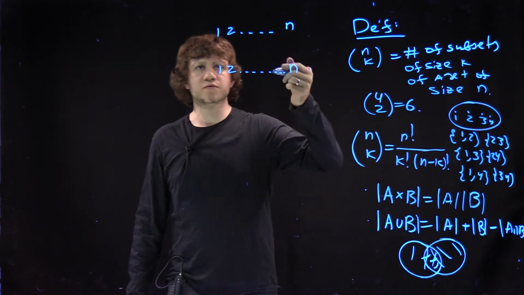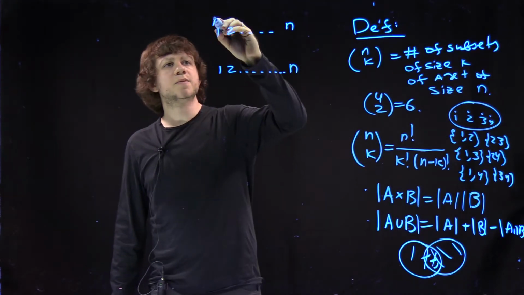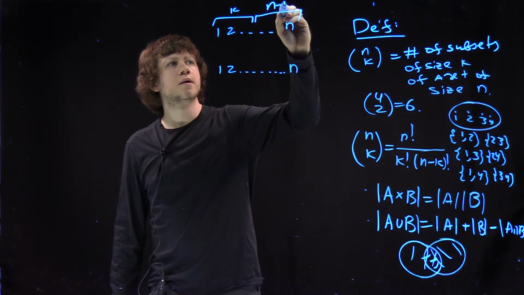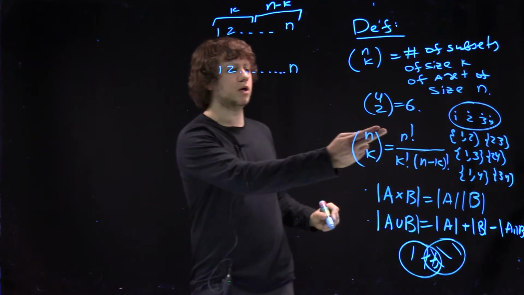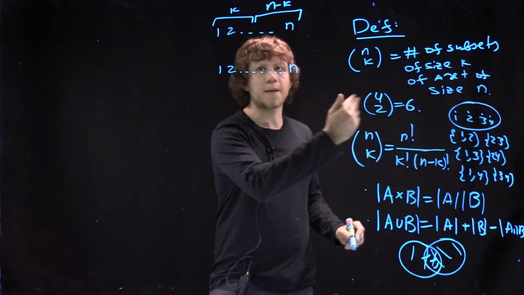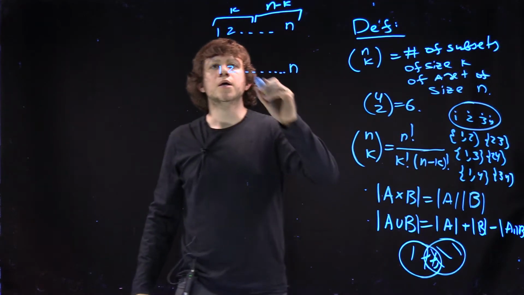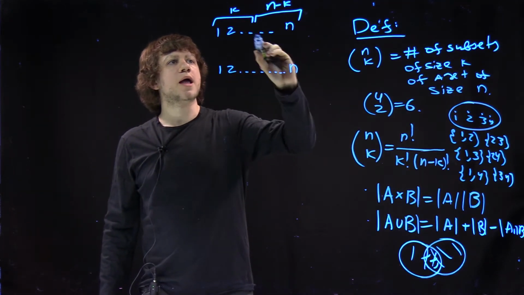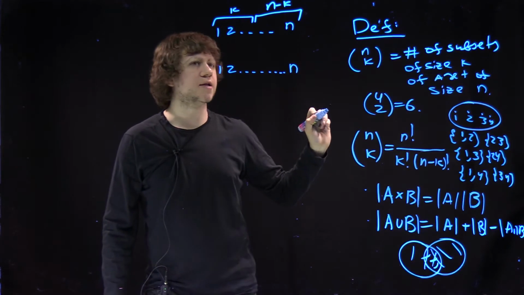These are bijections from a set to itself. Let's split our set into parts, of size k and size n minus k. To find a bijection from the set to itself, you can first decide where the first k elements go, and then decide where the second n minus k elements go.